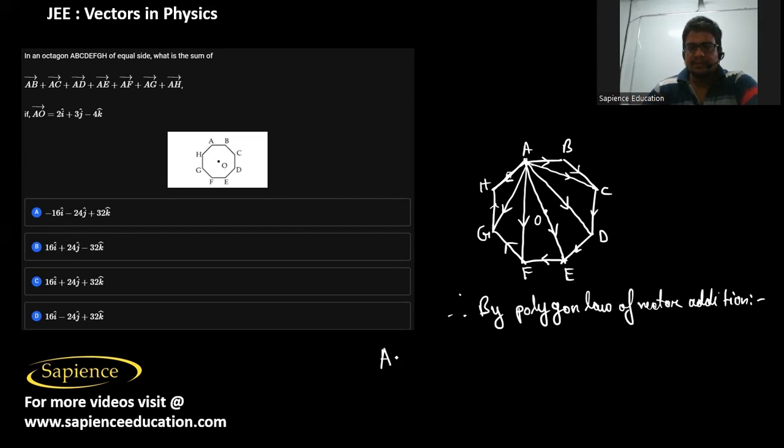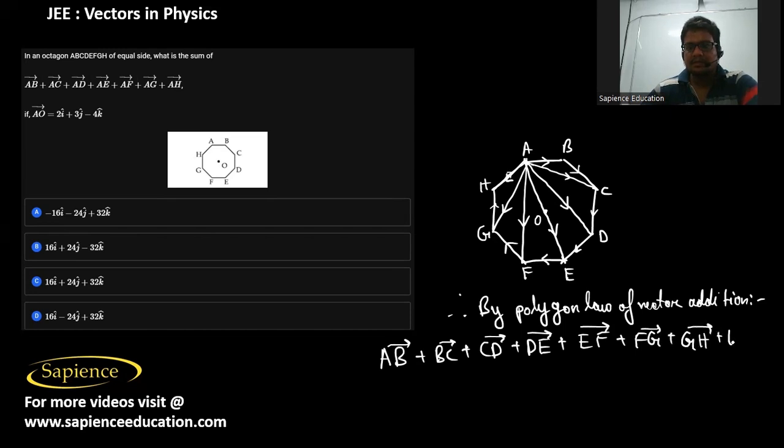It means AB vector plus BC vector plus CD vector plus DE vector plus EF vector plus FG vector plus GH vector plus HA vector will be equal to 0 vector.